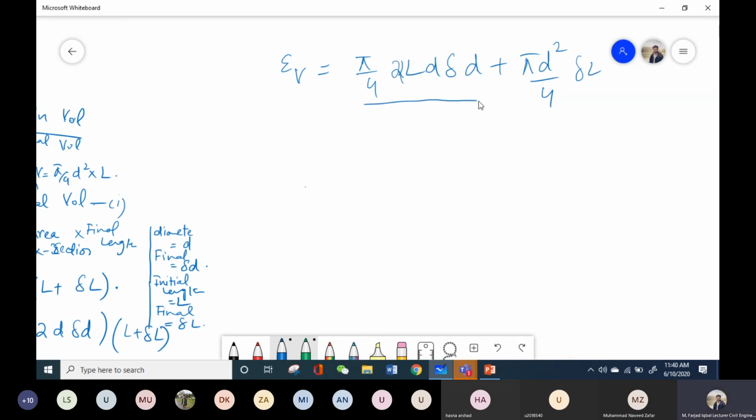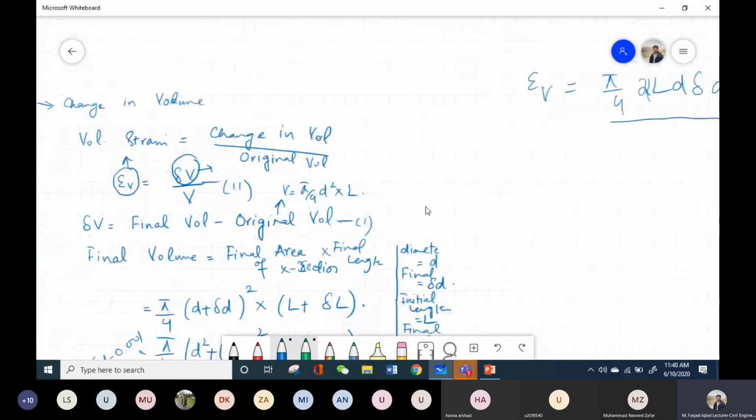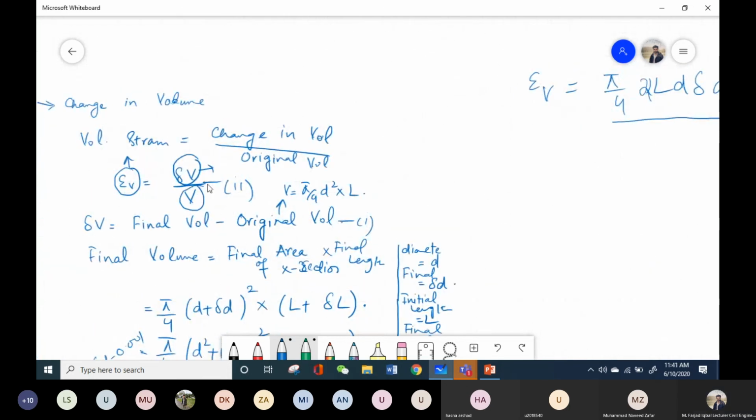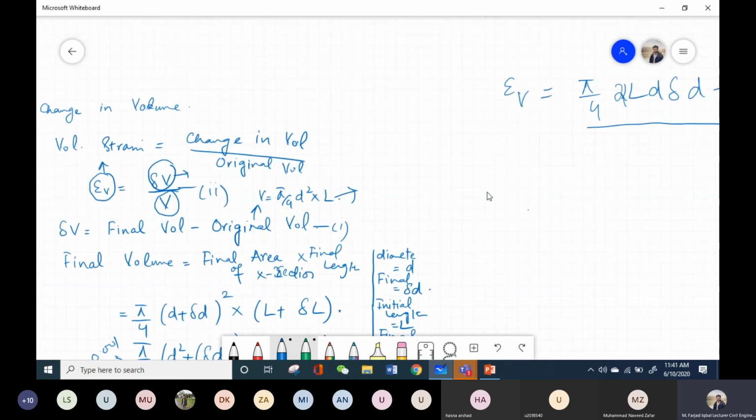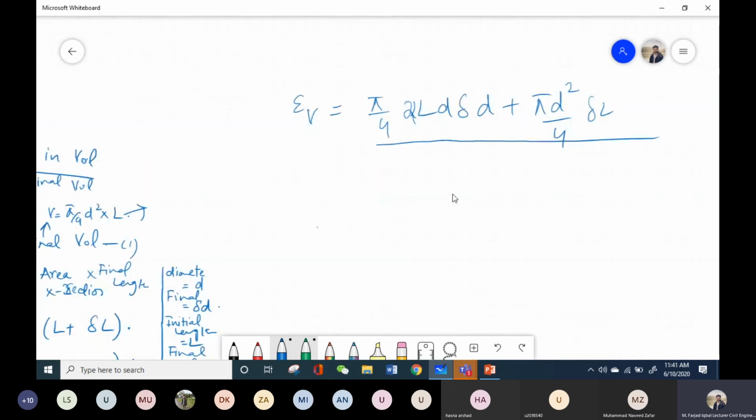And what is the original volume? This original volume is that of the cylindrical element. So if I substitute this volume into this equation, that is pi by 4 d square into length, what will happen if I simplify?